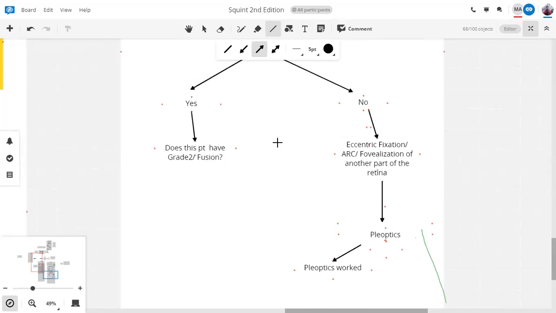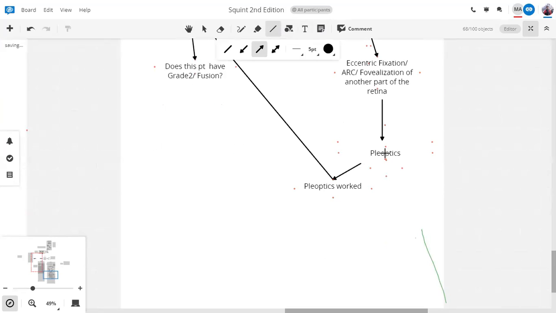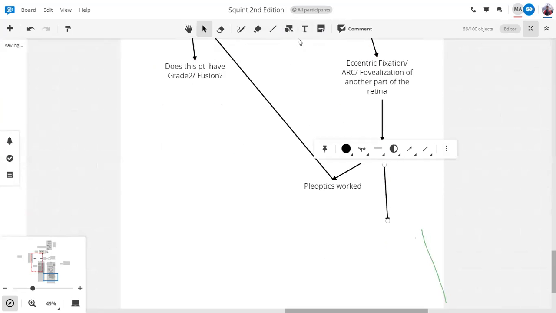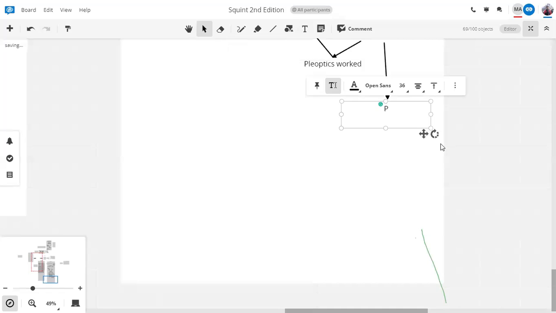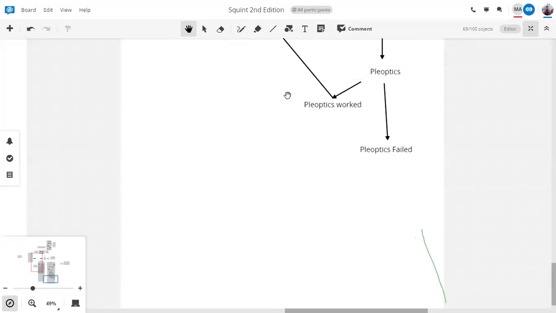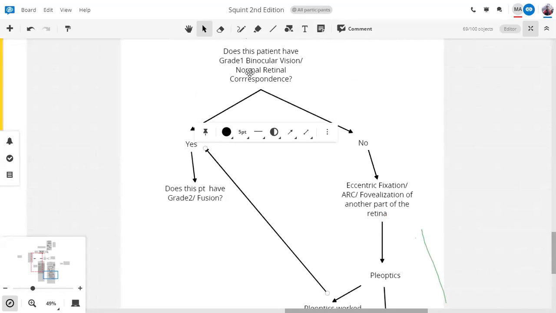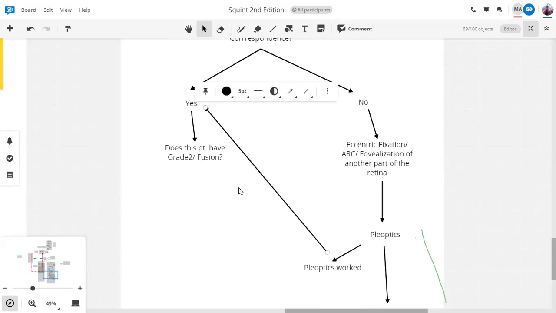और normal retinal correspondence का मतलब ये है कि we are now on the track of this. However, if the pleoptics do not work, then what can we do? If there is no improvement with pleoptics, then either we will leave the case over here, because it is impossible to develop grade 1 vision. तो grade 1 नहीं होगा तो grade 2 कैसे होगा?